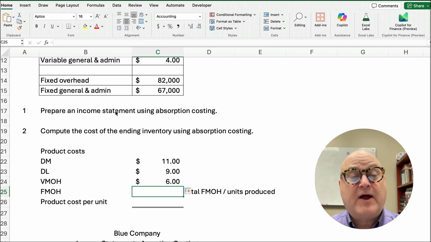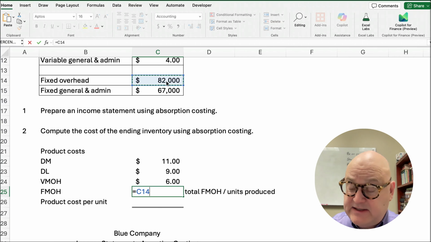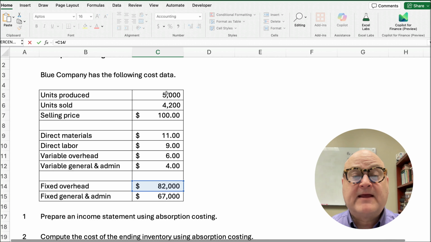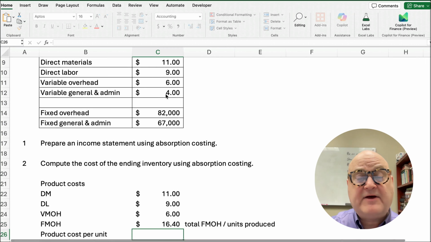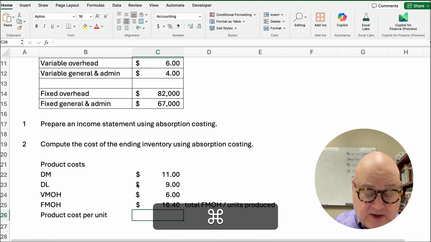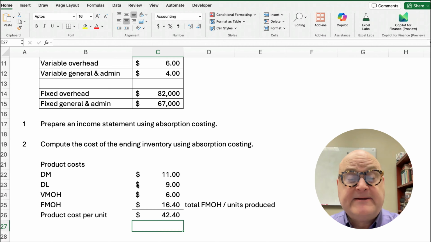Now, the problem with fixed overhead is it's given as a total. So we need to take the total, 82,000, divided by the 5,000 units that we produce. So 82,000 divided by 5,000, we've got $16.40. So the total product cost under absorption is $42.40.